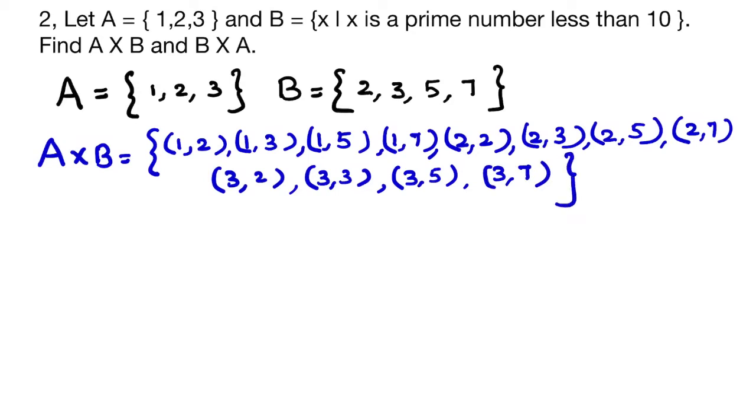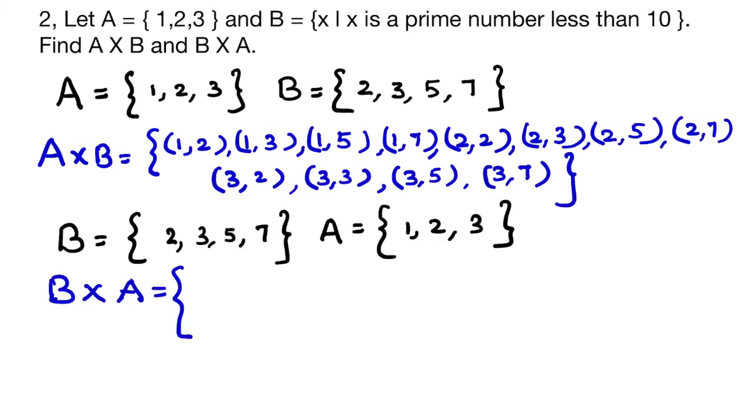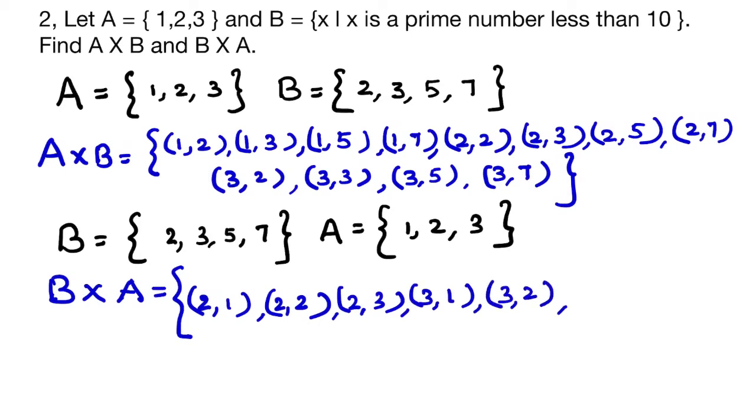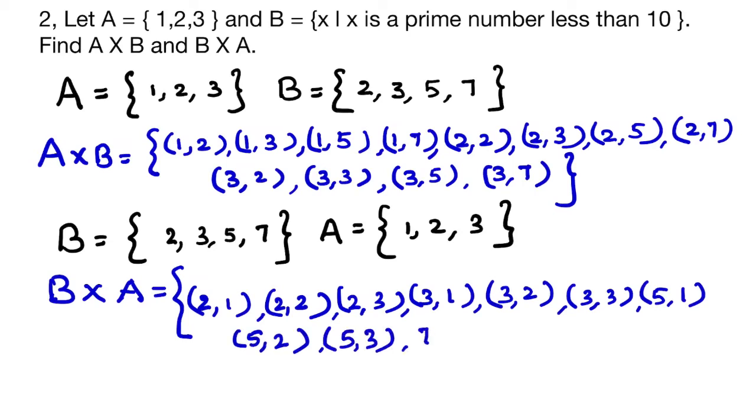B cross A is the set of all ordered pairs (2, 1), (2, 2), (2, 3), (3, 1), (3, 2), (3, 3), (5, 1), (5, 2), (5, 3), (7, 1), (7, 2), (7, 3).